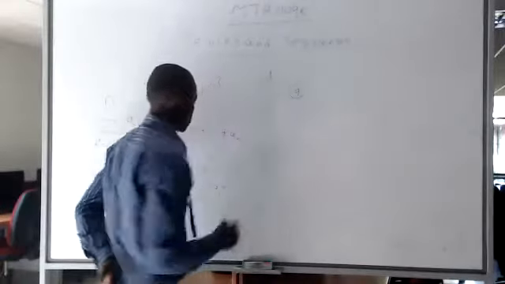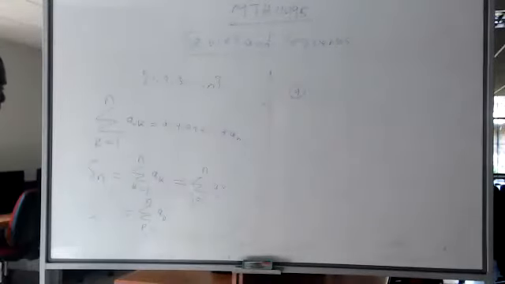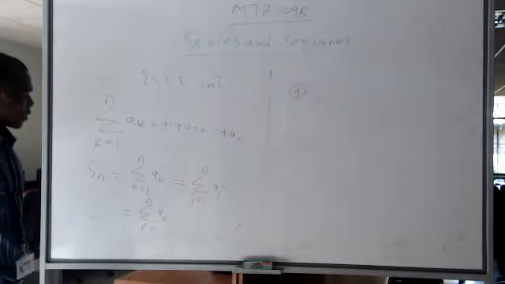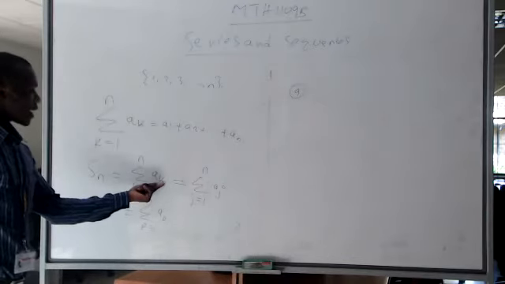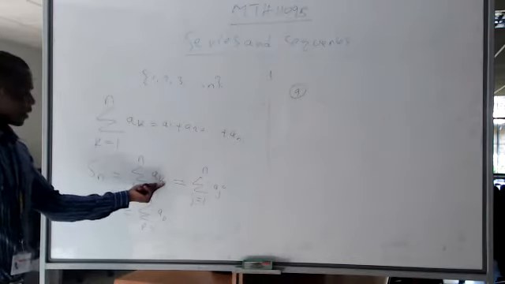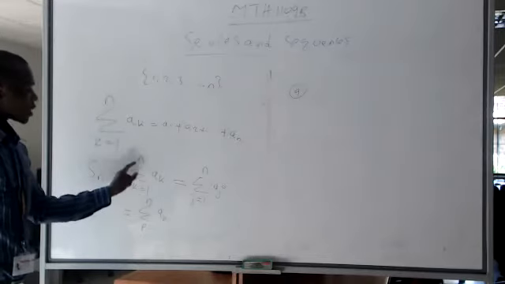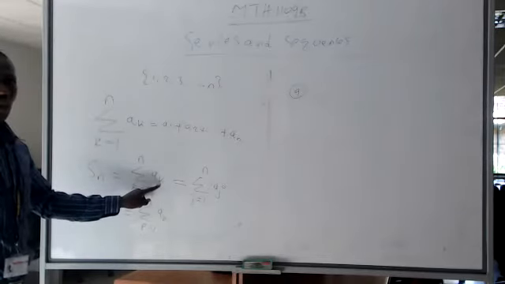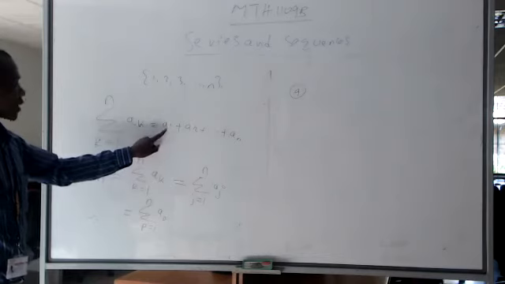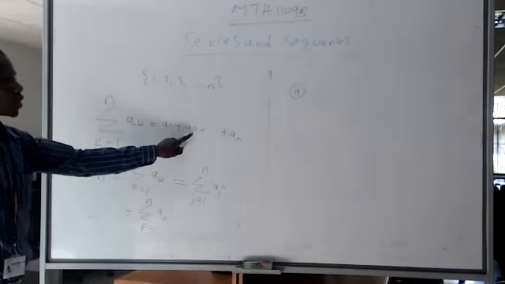So I have a question. Yes. So ak is the sum of terms in the sequence? ak is the kth term. It is the symbol sigma that is the summation symbol. ak is the kth term. So when k is 1, you have a1. When k is 2, you have a2.